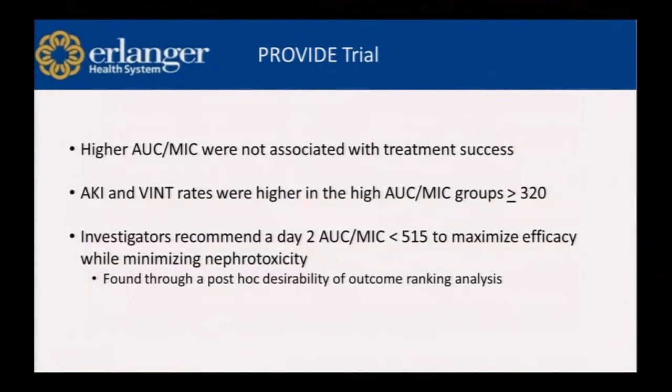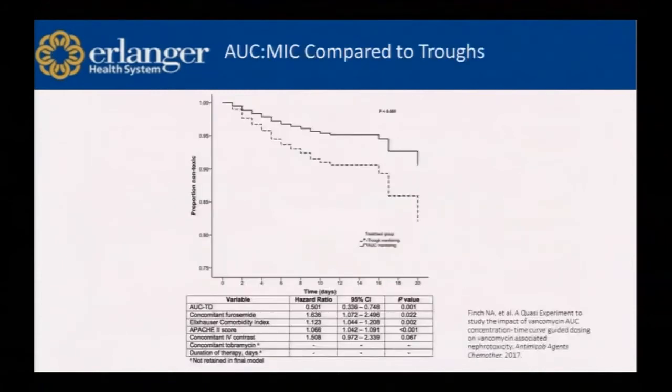And the investigators of the PROVIDE study actually concluded that a day 2 AUC MIC of less than 515 was the ideal way to maximize therapeutic efficacy while minimizing nephrotoxicity with their patients. And they found this through a post-hoc analysis that they referenced in their study.